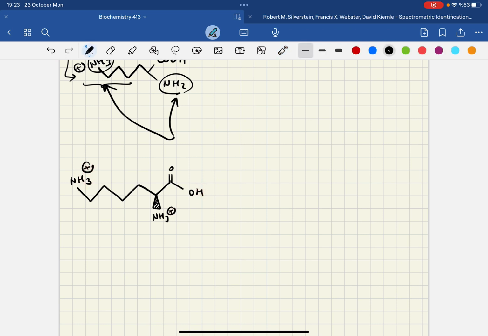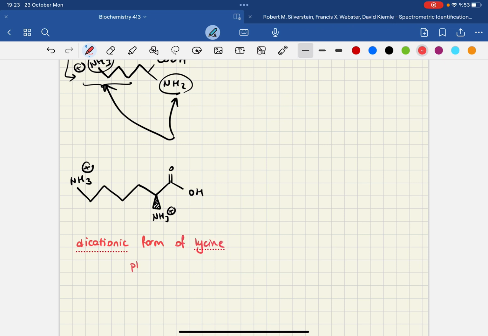Every hydrogen place is protonated easily because the matrix is really acidic. All right, this is the decationic form of lysine.